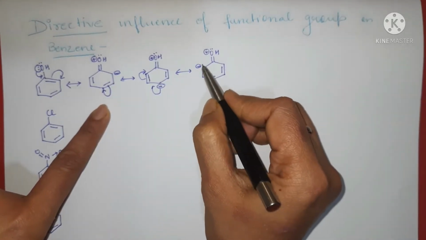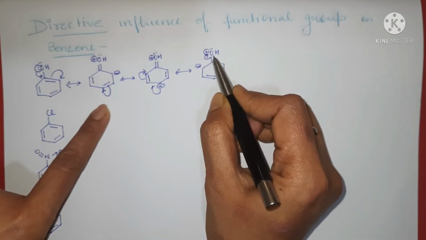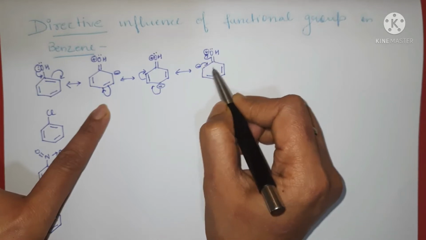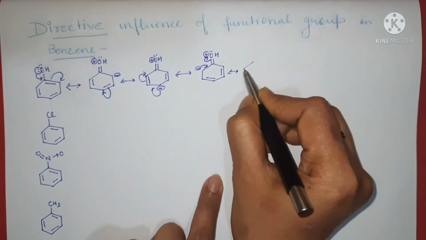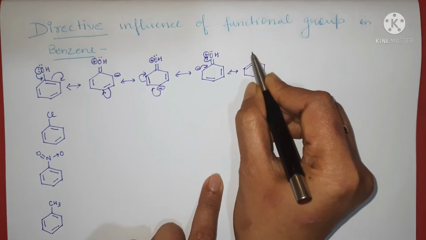Again what will happen? This double bond's electrons will shift onto the oxygen, and this comes here and forms a double bond like this.